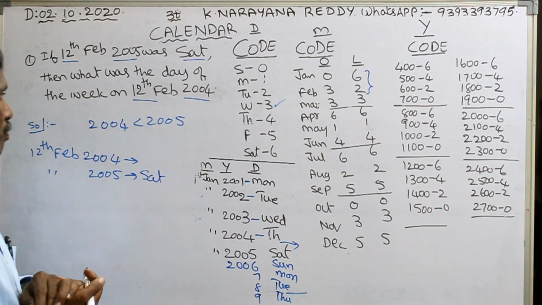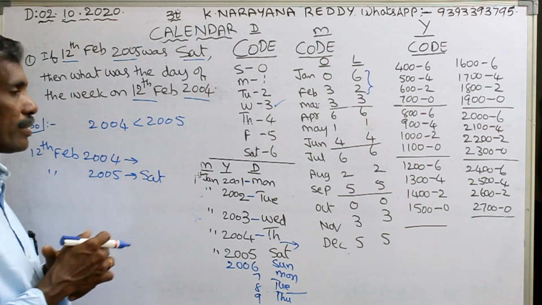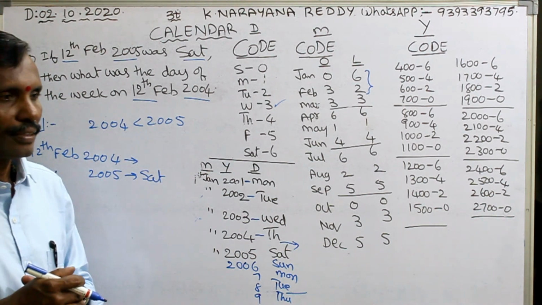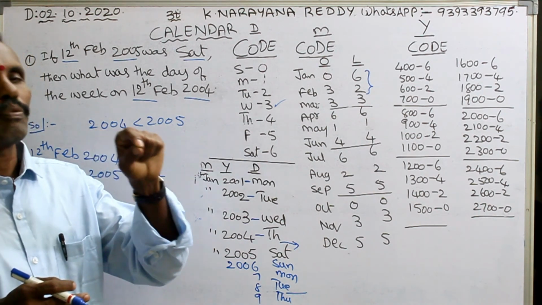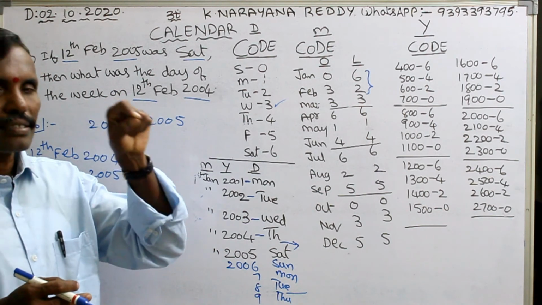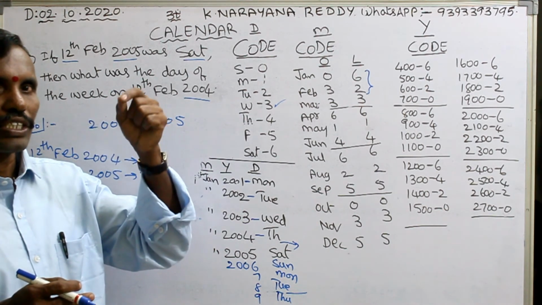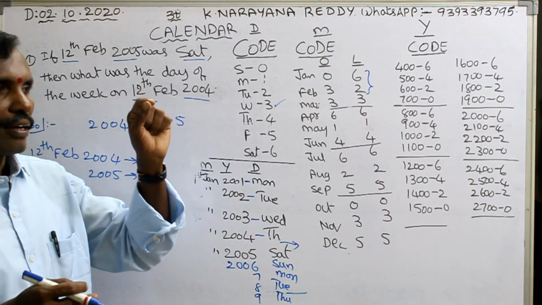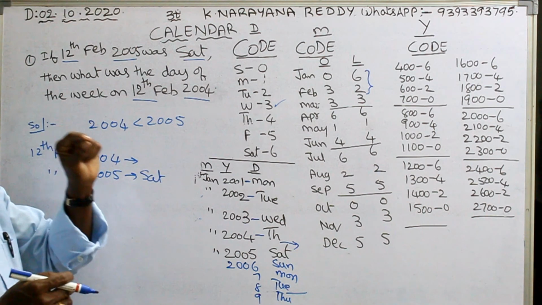But here one important point to observe. 2004 is a leap year. Leap year includes February with 29 days. That year contains February 29 days in 2004, 2008, 2012, 16, 20, etc. At that time only that is a leap year.